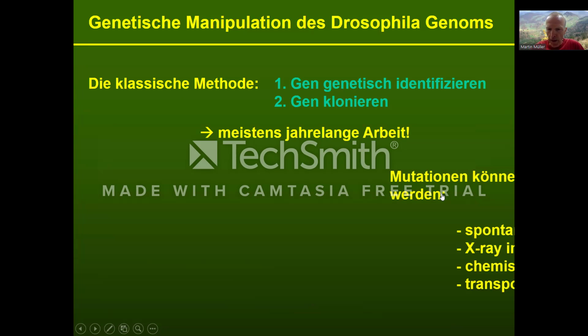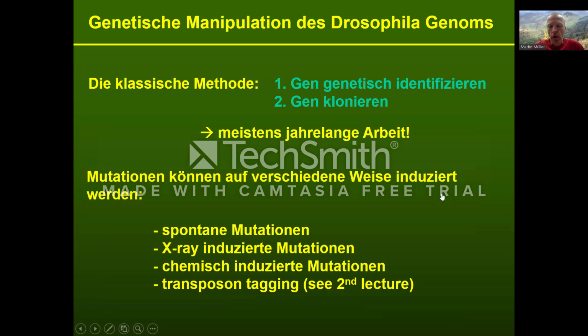If you had a mutation, then starting from around 1980 on, you could try to actually clone the gene. But the step from the genetic identification to the cloning of the gene was hard work and sometimes took years to clone the corresponding gene of a mutation.